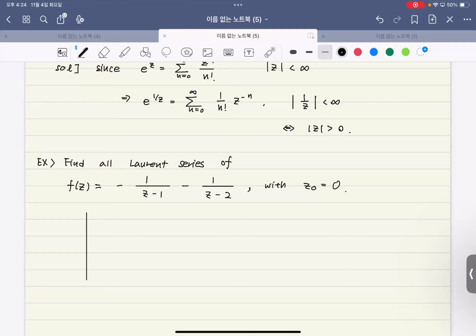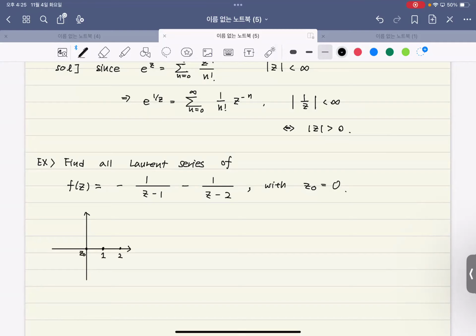If I draw a picture, then this may help you understand what is going on here. This is the center, and this is my first singularity at z equals 1, and this is another singularity at z equals 2. And this is the center of the expansion, z0.